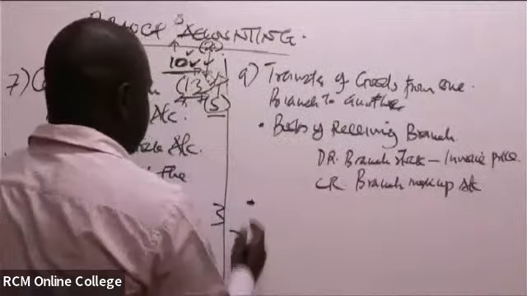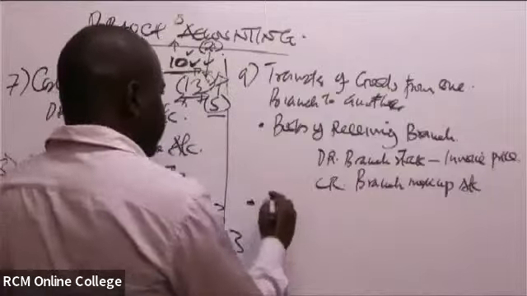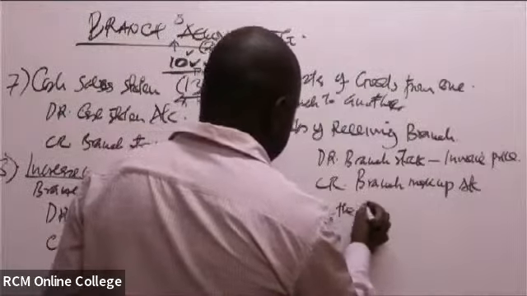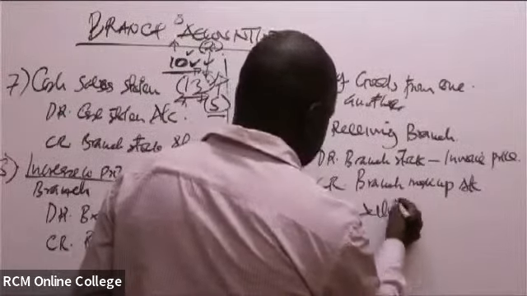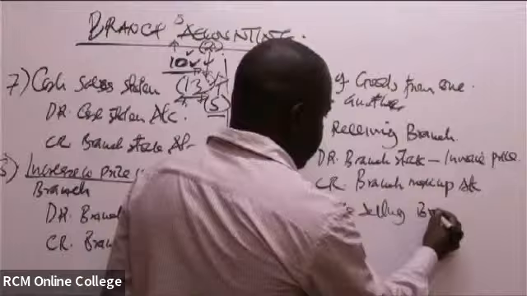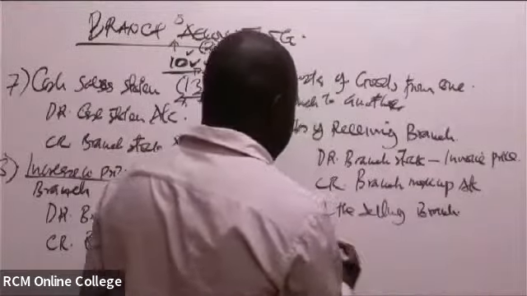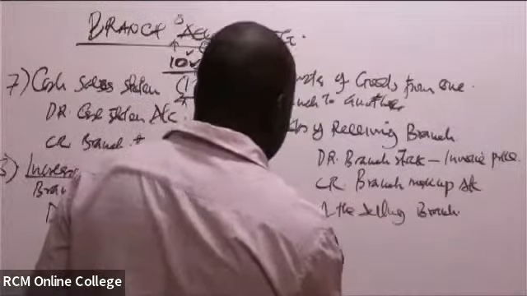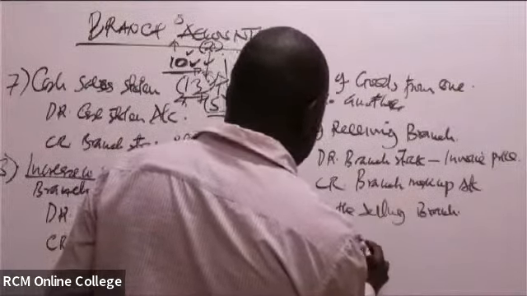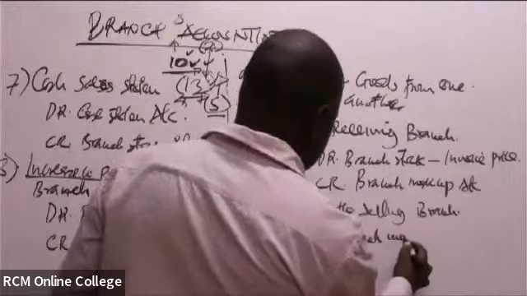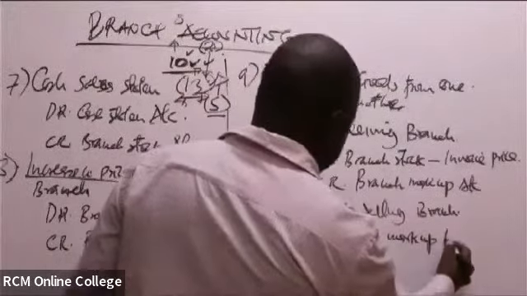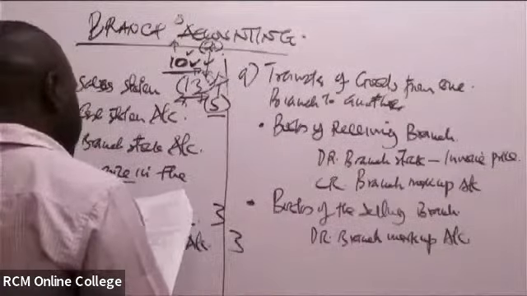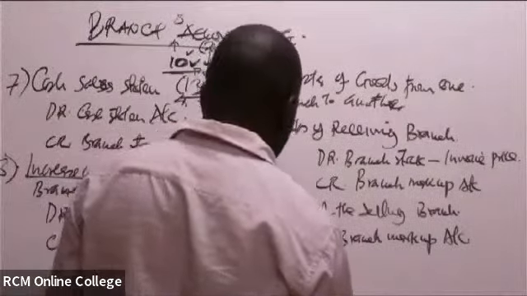Then in the books of the selling branch, you will debit the branch markup account. Then you credit the branch stock account.